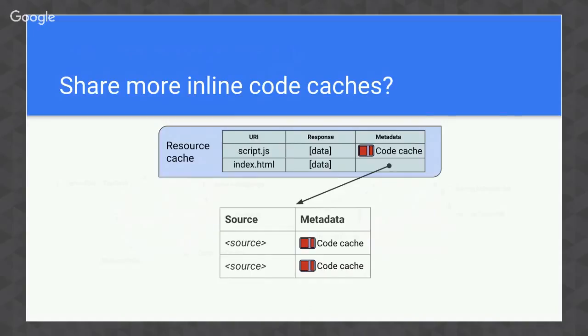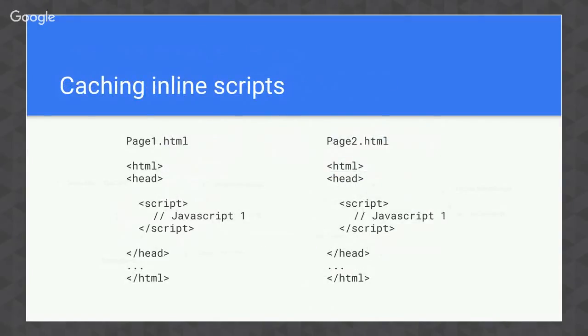I mentioned that we're just using this source table, which means that we're not sharing things between HTML files that change, or pages that reuse the same chunk of inline script code between pages. So it'd be nice if, in this case, you have two pages.